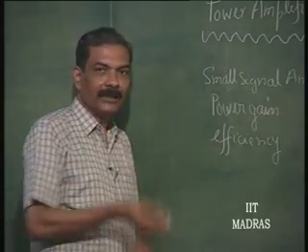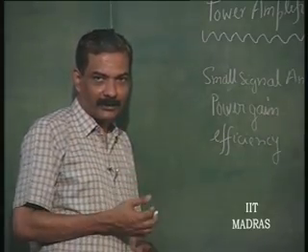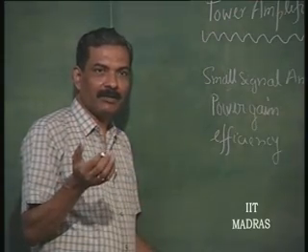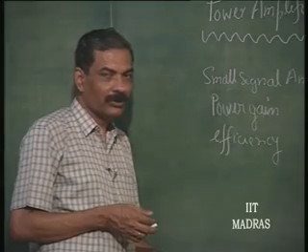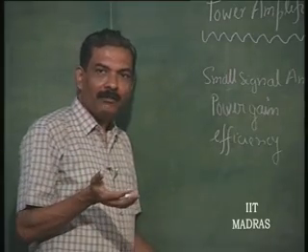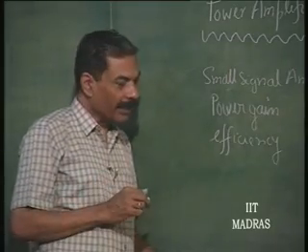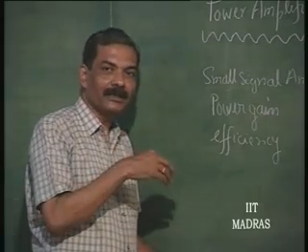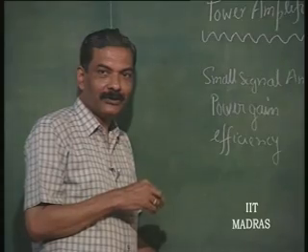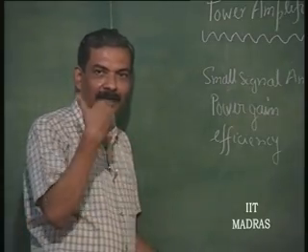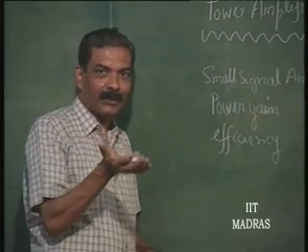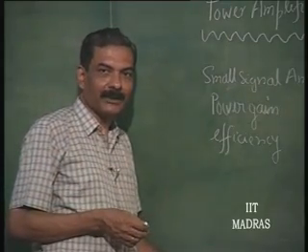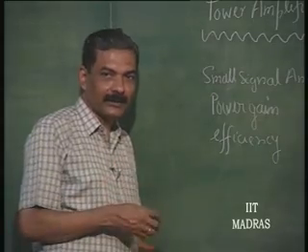Finally, when it comes to driving a loudspeaker whose resistance level may be of the order of few ohms, and we want watts of power, then we are now going to think of how much power we should input to the amplifier in order to get what power we require, let us say 10 watts or 20 watts. And therefore, efficiency comes into picture when we deal with final stages of amplifiers.